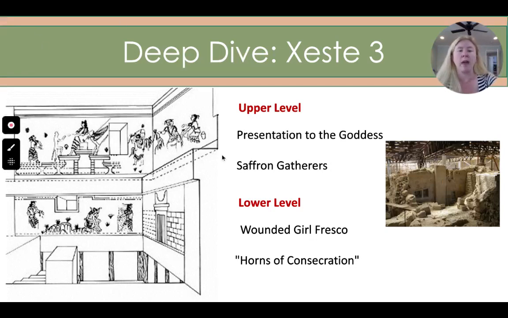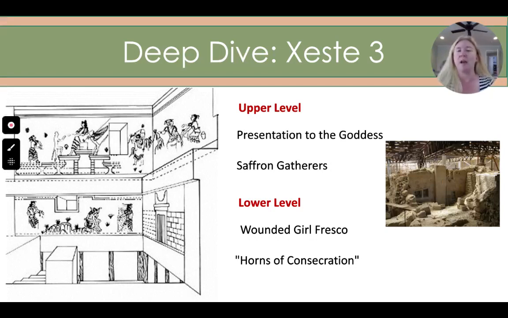We are dealing with how people might have seen these paintings, how people might have interacted with them, and how the paintings interact with each other. So this is a contextual analysis. And pay attention to the way that I'm doing this, because this is basically what your third essay is going to be.